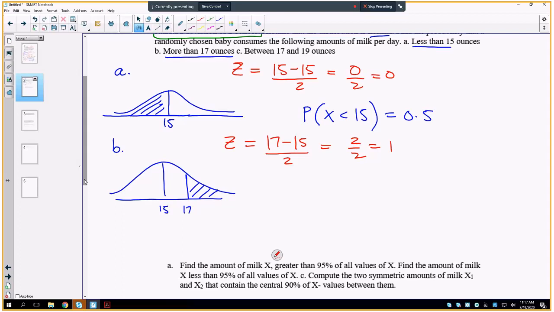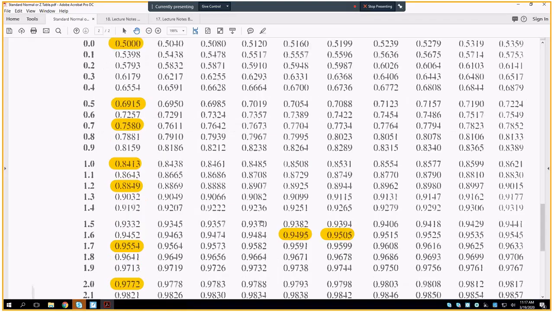But in terms of this probability, we know that it's going to be 1 minus whatever this probability is. So 17 corresponds to z equals 1. So we need to do 1 minus the probability when z equals 1. Let's go back to our table and see when z equals 1. The probability is 0.8413.